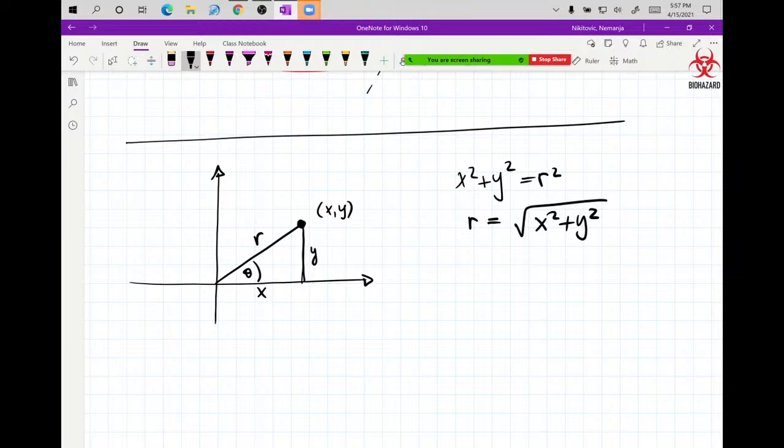And look, we have a formula, a conversion formula that converts x and y into r. I need one more formula, and that's going to be the tangent theta formula, which in our case is y over x, opposite over adjacent. And from that formula, I can solve for theta by using the tangent inverse.